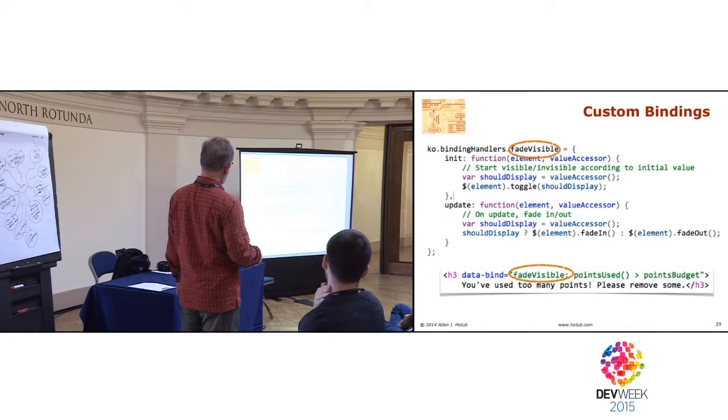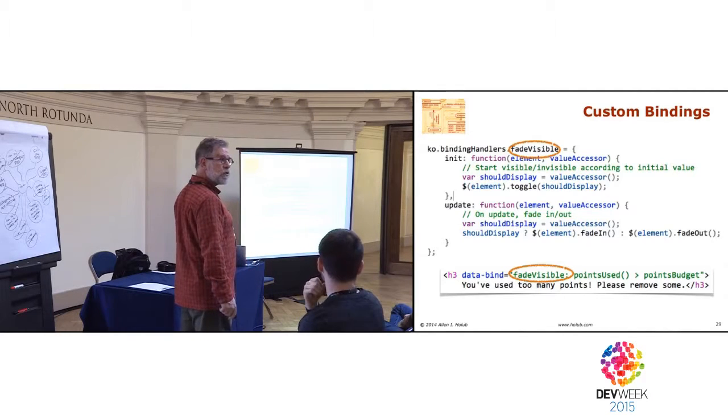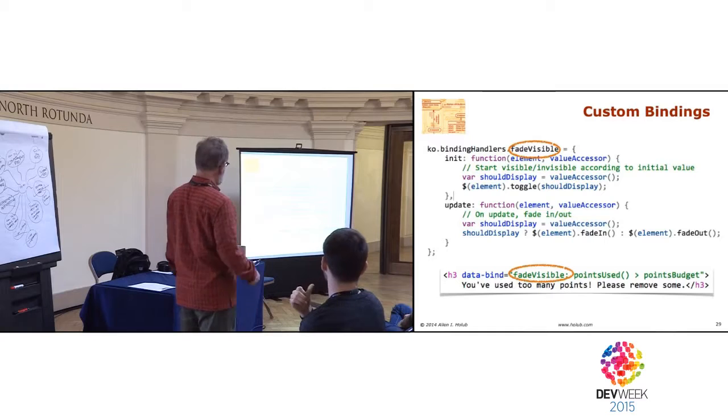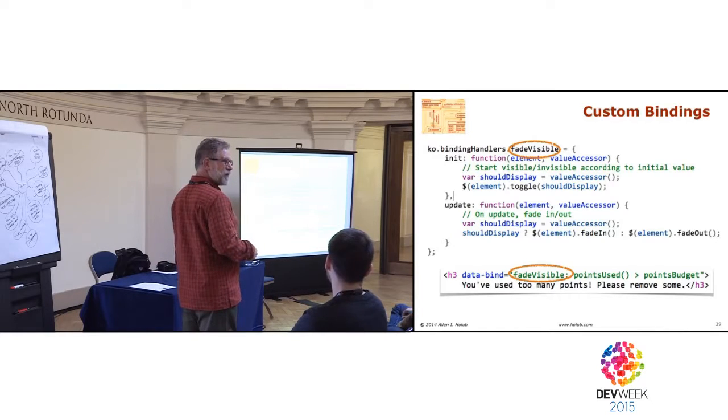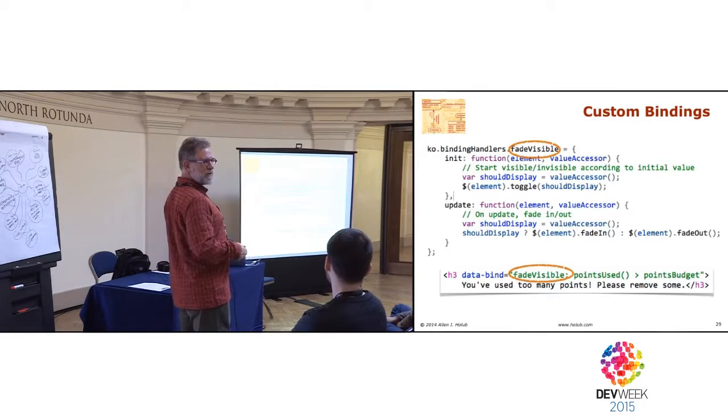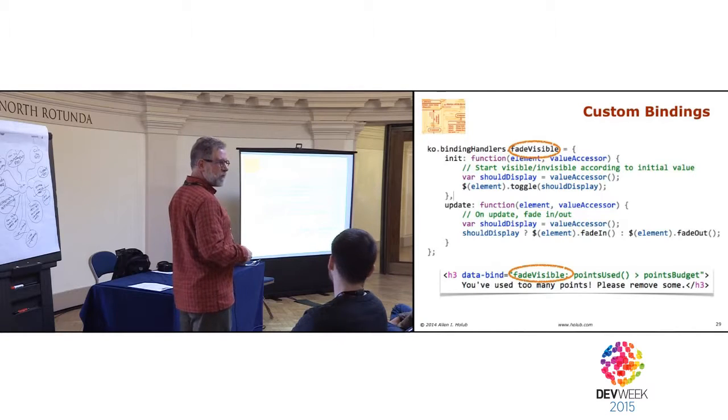This function up here is doing the initialization. So in other words, the general pattern here is you create a field and put it inside Knockout's binding handlers object. Remember, this is JavaScript, so we can add new elements to objects at any time. This is not a compiled language, it's an interpreter.